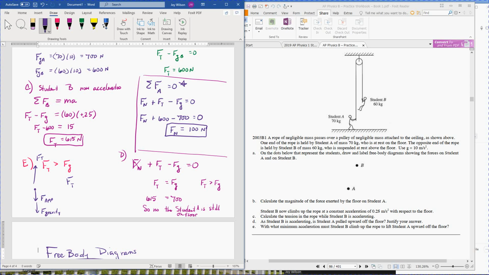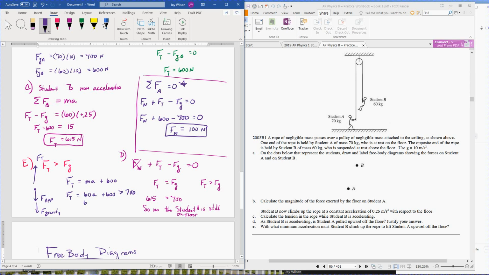So force tension for the boy on the right, or the girl on the right, is going to be mass times acceleration plus 600, because gravity is going to pull him down as well. So he's got gravity helping him, and now he just needs to pull up hard enough to get past that student. So the force tension is going to be 60 times a plus 600, and that needs to be greater than 700.